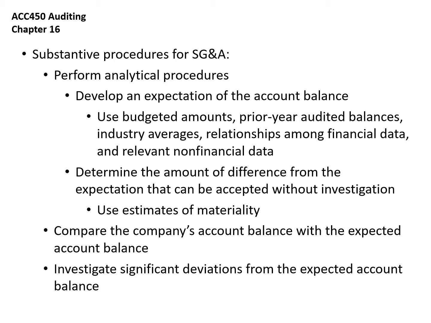And then they can determine how different the actual result is from what I, the auditor, think it should have been. And whether or not I dig into that more deeply is going to depend on how big that difference is relative to our measure of materiality for that particular category. So if it exceeds the materiality, well, we're going to dig in more deeply.